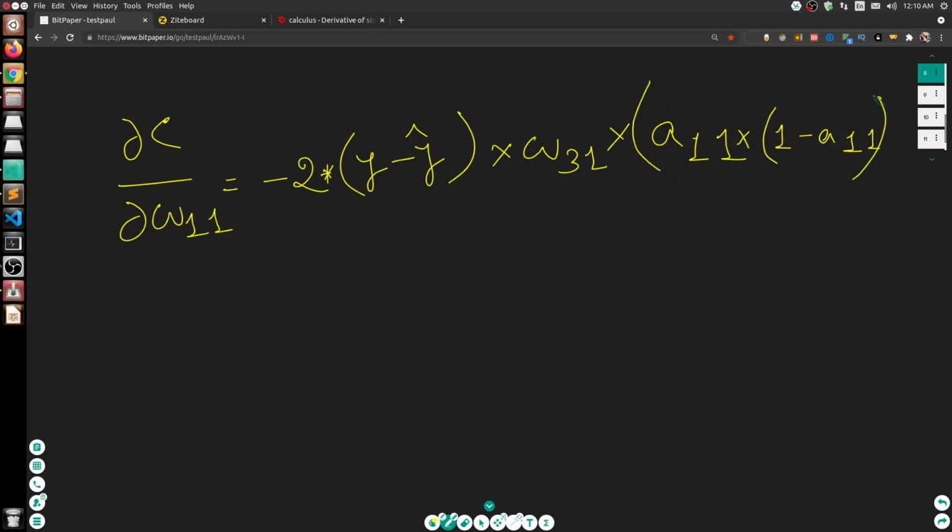So this entire expression was our third differentiation, that is the sigmoid function. And the last differentiation was just x1. Okay, so this is our final form of del C by del W11.